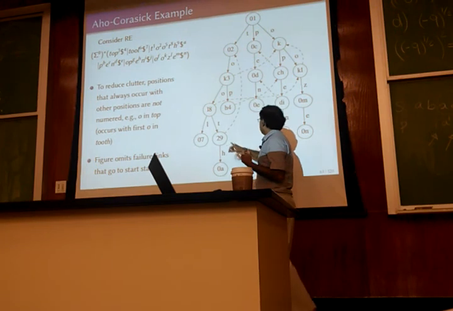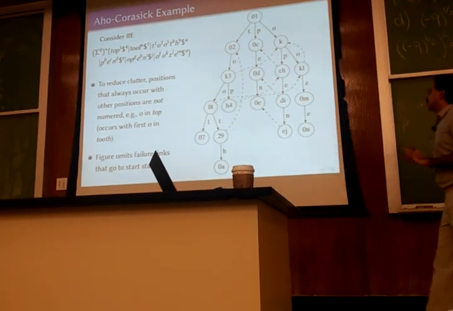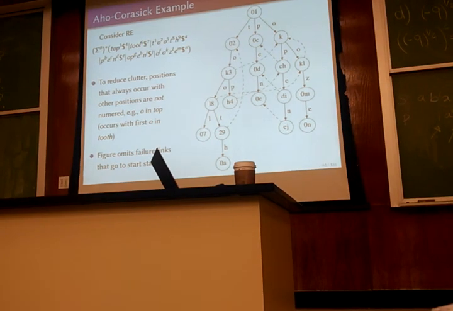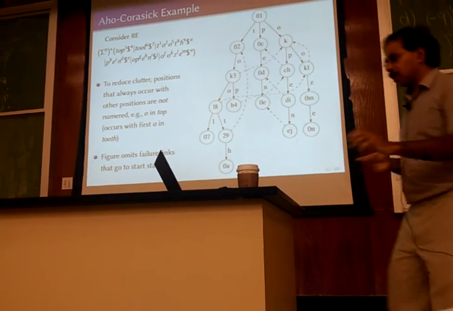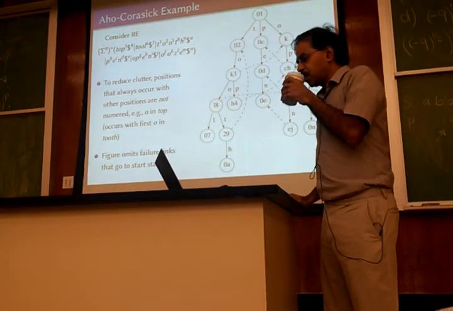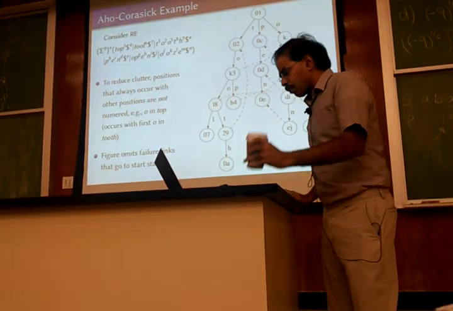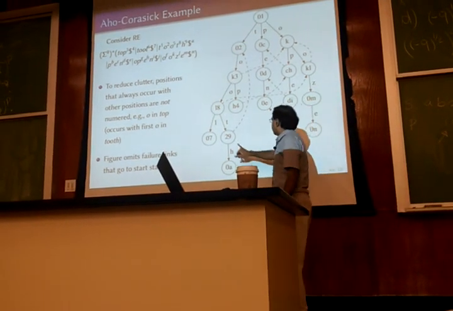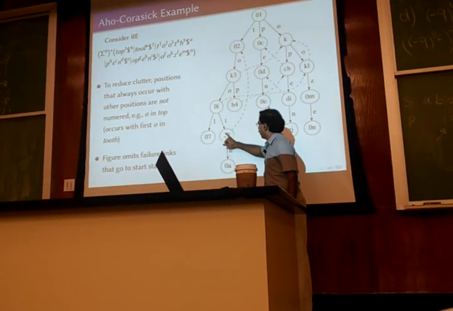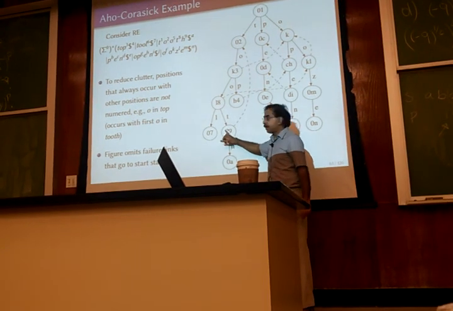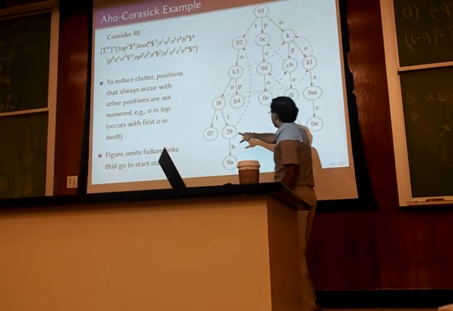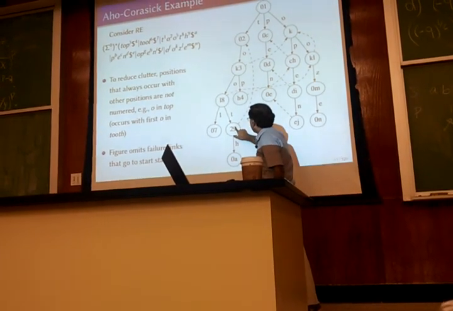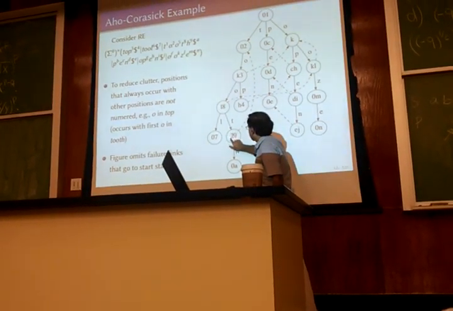Now, the way you move forward and backward is, whatever we've said in the KMP again continues to hold. So let's take a couple of examples to reassure ourselves. So for instance, I said the failure links will always go from this state to that state, right? So you can see that it's going from this state with this as the highest numbered position to this as the highest numbered position.